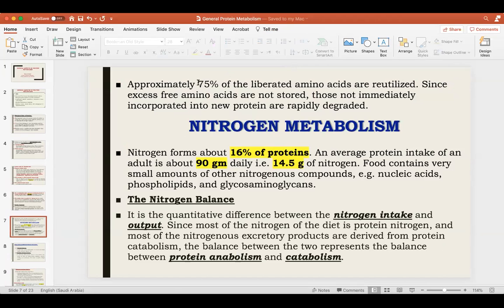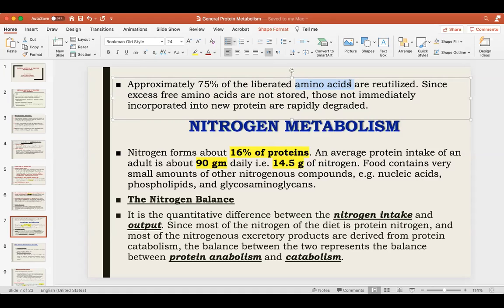During breaking of our tissue proteins, 75% of the amino acids which are released during proteolysis are utilized for synthesis of important derivatives. For those who attend amino acid metabolism with me in the lecture, you know the derivatives of the amino acids.